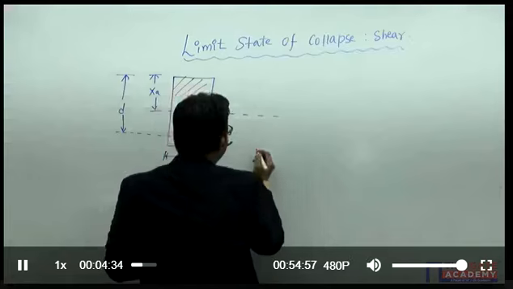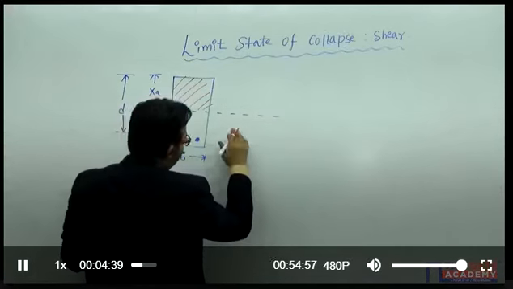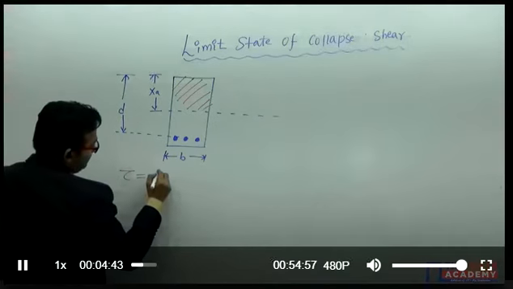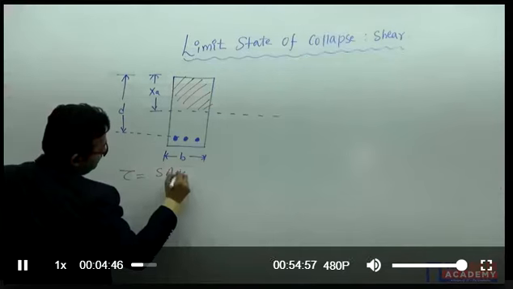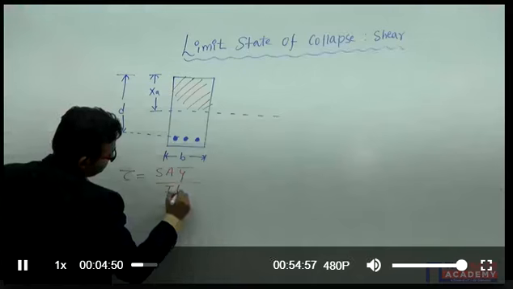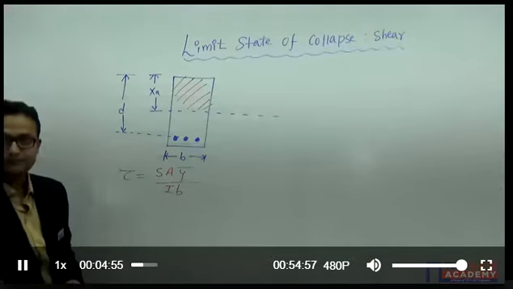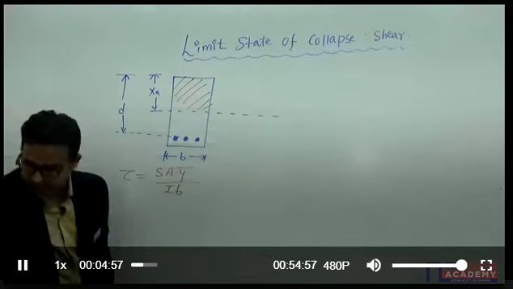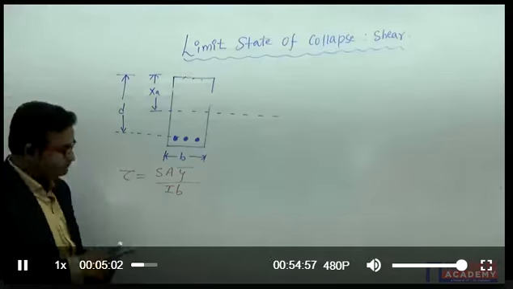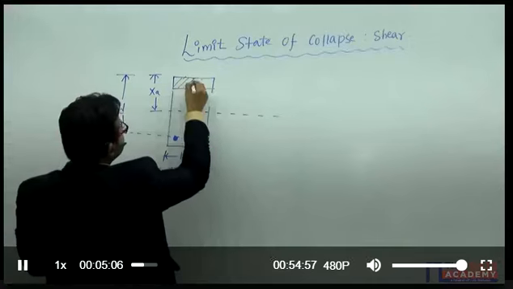I know the shear stress tau equals S A Y bar divided by I B, right? Suppose I want to calculate stresses in this region.